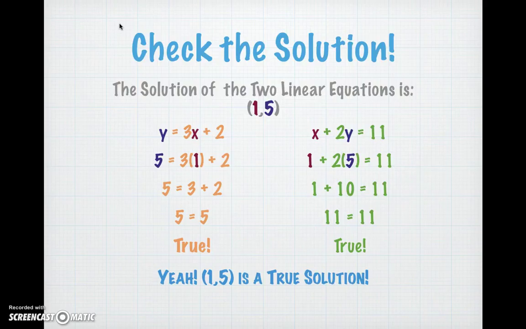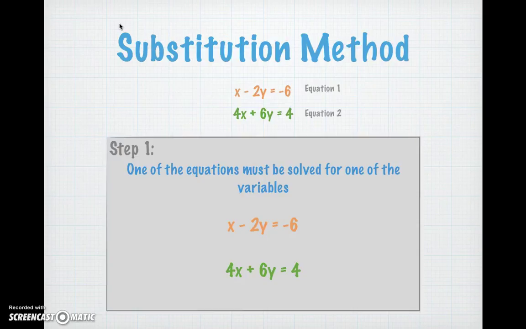Now we got lucky with those two equations, because y already was set up to equal the rest of the equation. Now what do we do if we have two equations and none of them are set up to equal a variable? So we choose one of the equations that we think would be very easy to change to equal either x or y.